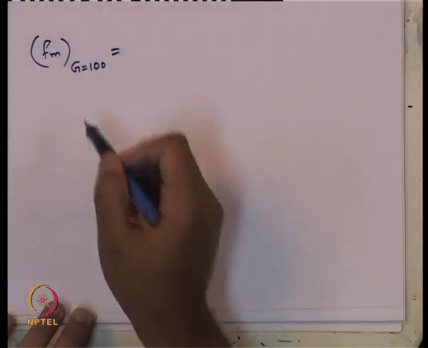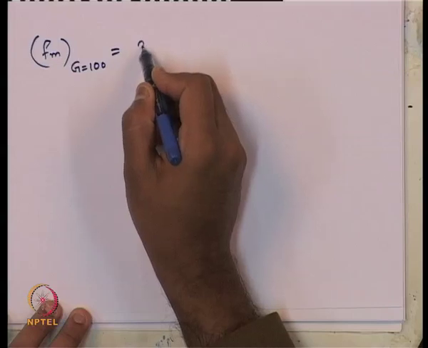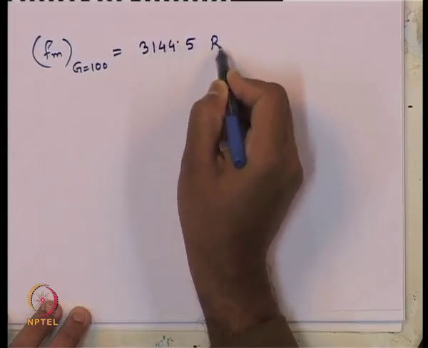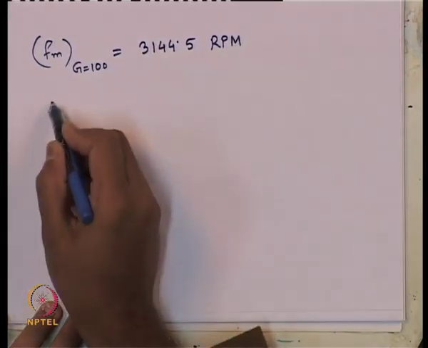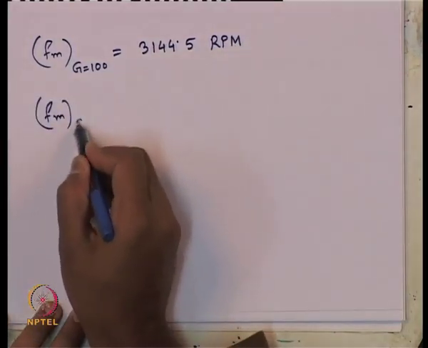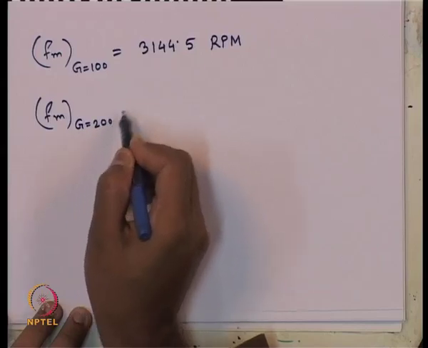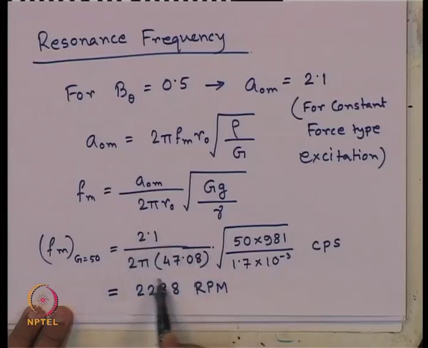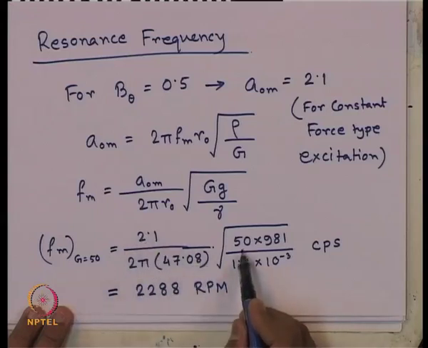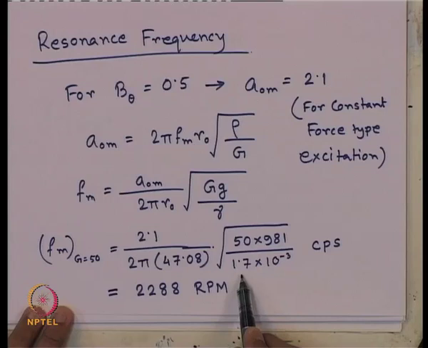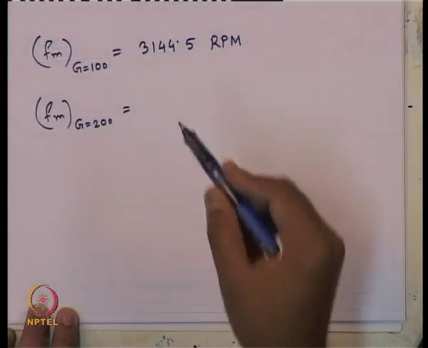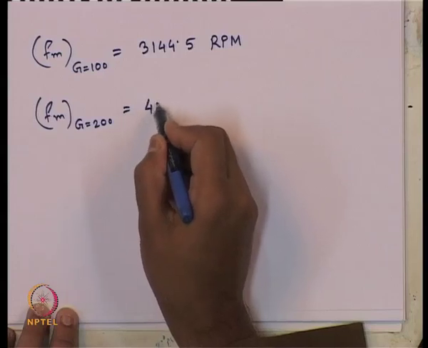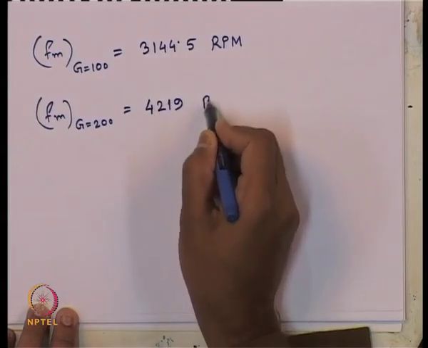So, the corresponding value of f m comes out to be 3144.5 RPM, and f m with G equals to 200, the value can be calculated as, this all remains same, here it becomes 200, here it becomes 2. So, the value is calculated as 4219 RPM.